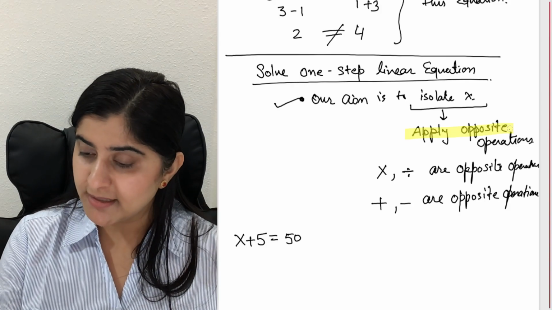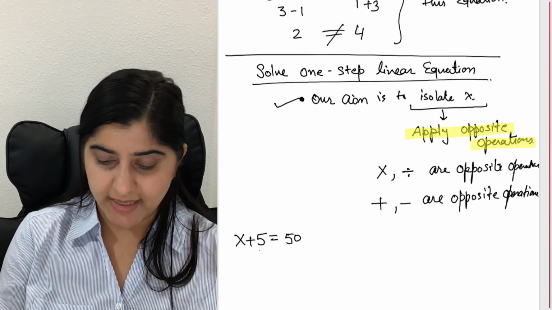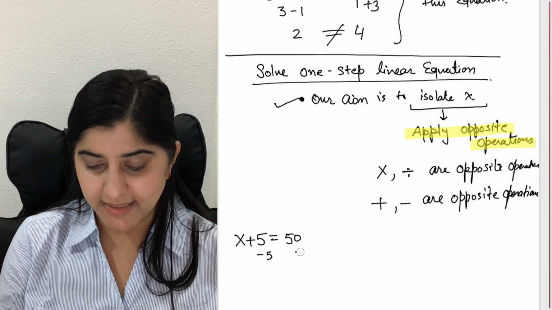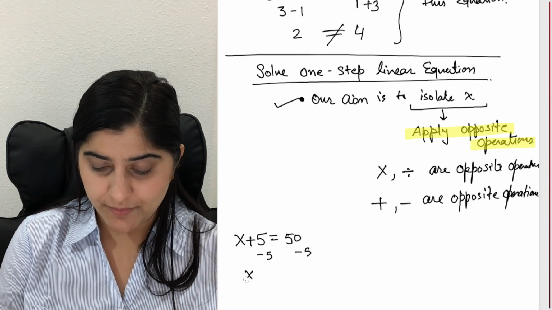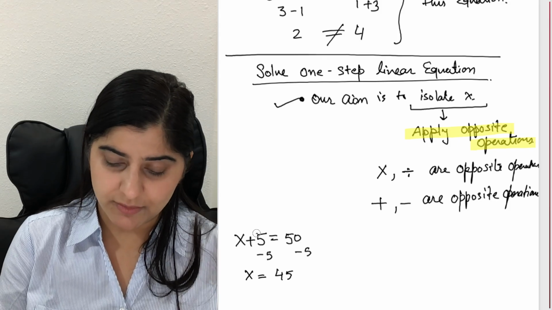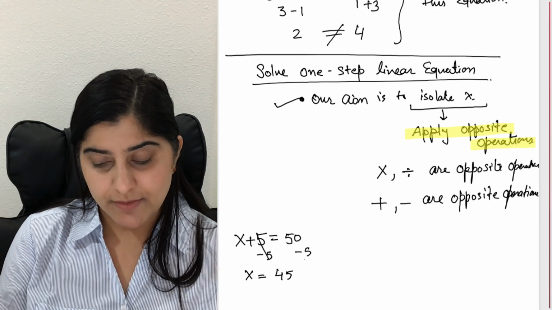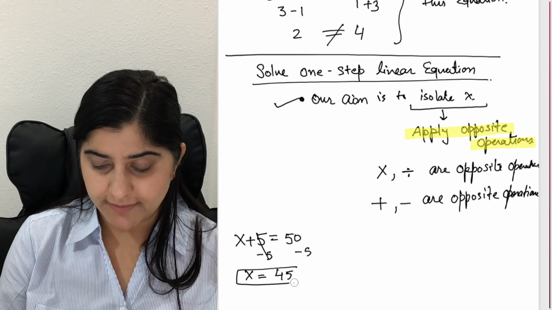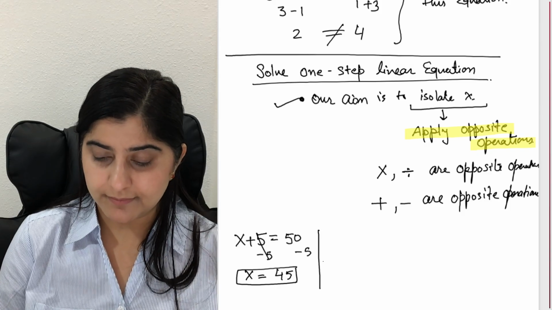Plus and minus are opposite. So the opposite of plus is minus. So we are going to do minus 5 on both sides. So we get x is equal to 45. So 50 minus 5. These 5s will cancel out. So 50 minus 5 is 45. So this is the solution.